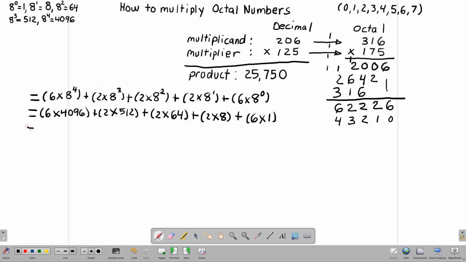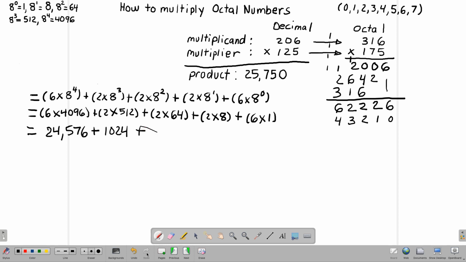Let's now break this down further. 4,096 times 6 gives us 24,576. Plus 512 times 2, which is 1024. Then 64 times 2, which is 128.